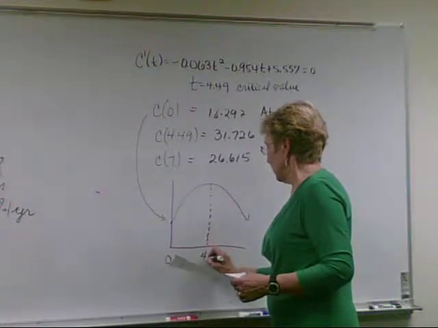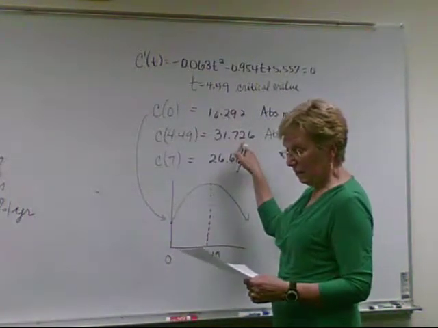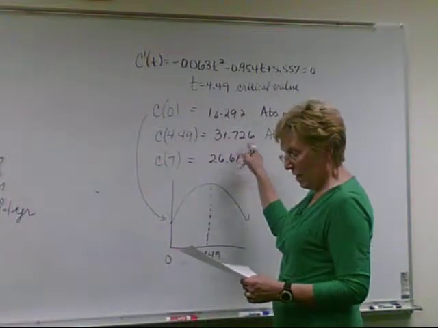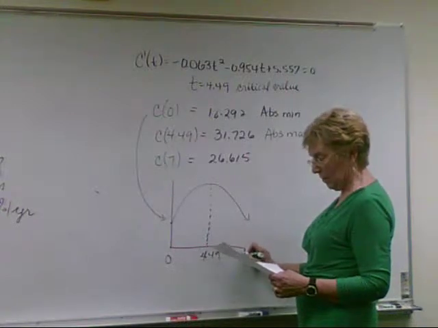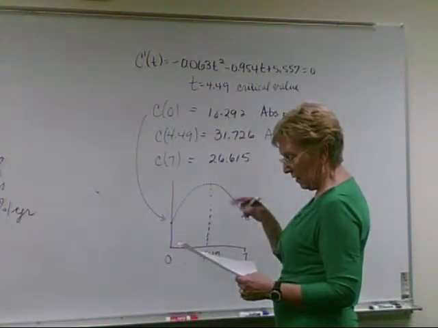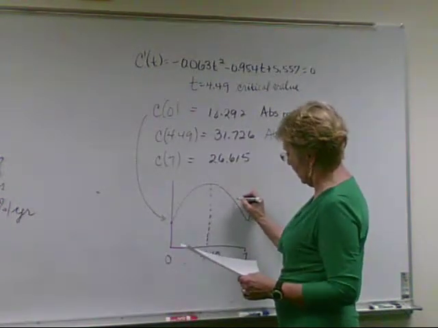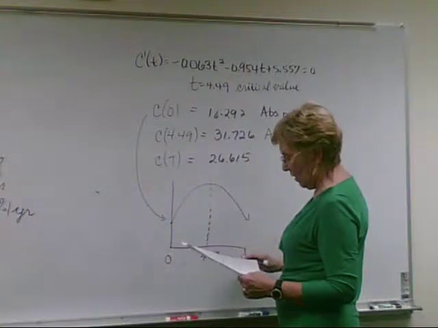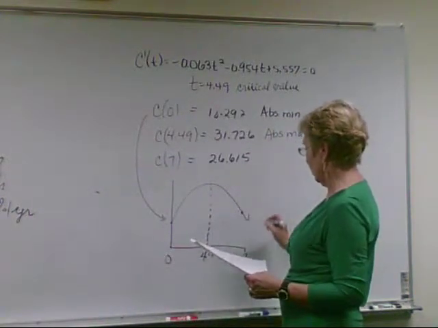And this is when t is 4.49. That's our absolute max. And then the other end of the interval is at year 7, where we got 26.615. And I think I went a little bit further just for the purposes of the graph, make it smooth.